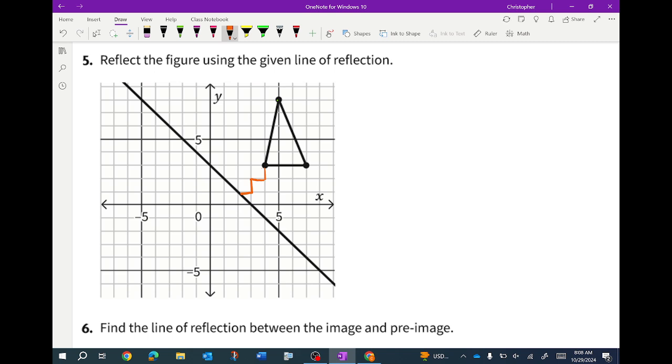So it's 1, 2, down 1, down 1, down 1/1, so 1, 2, 3.5.